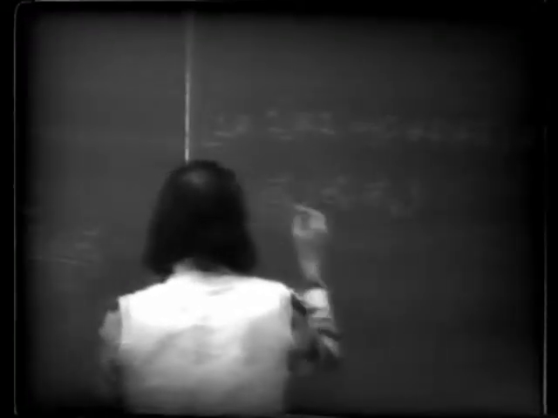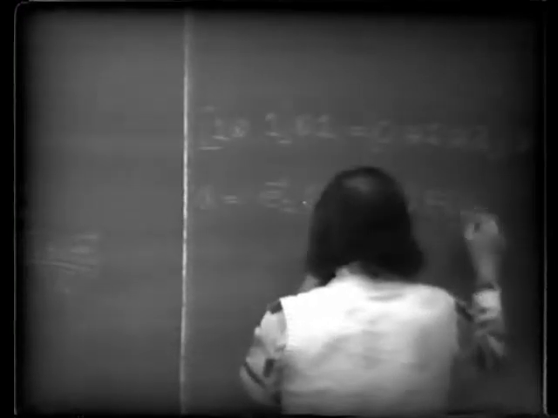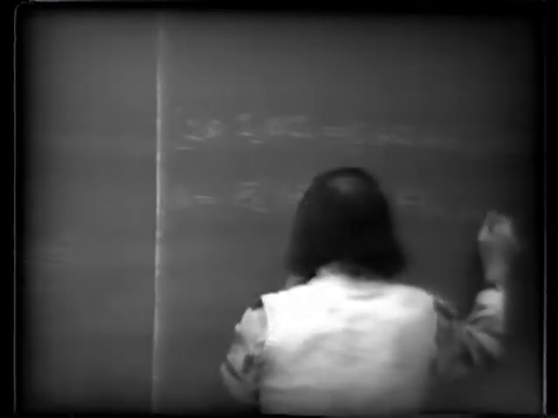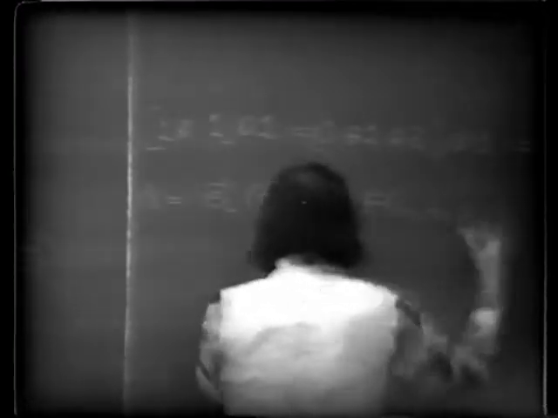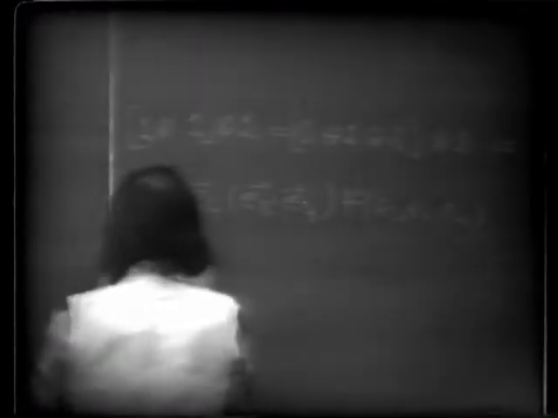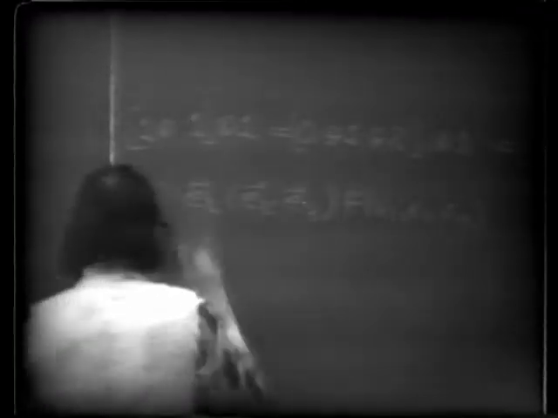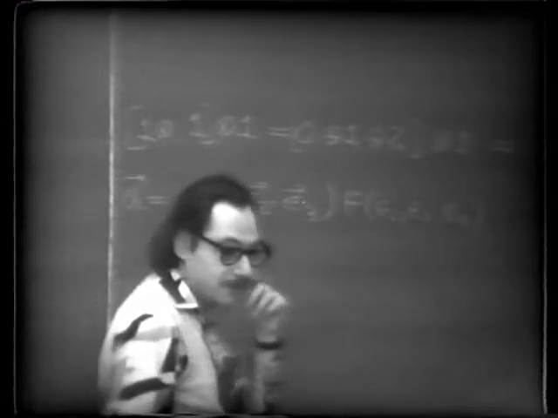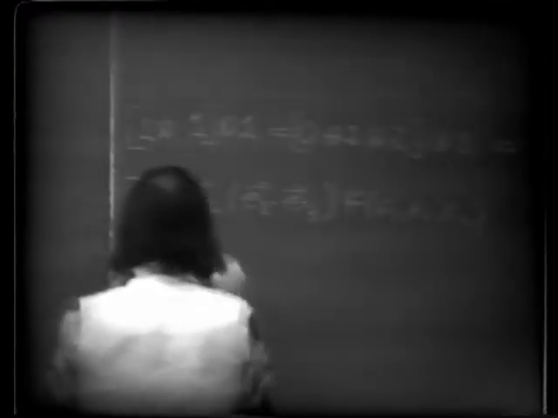E1, E2 dot E3, for example, is a vector. And of course, it could be multiplied by a function, f of epsilon 1, epsilon 2, epsilon 3. This is a vector amplitude.